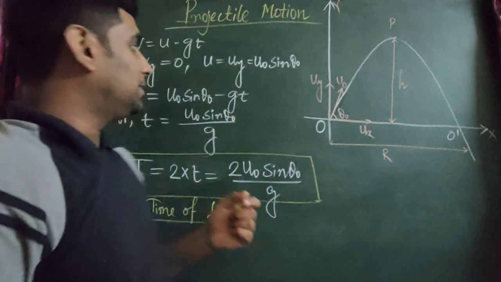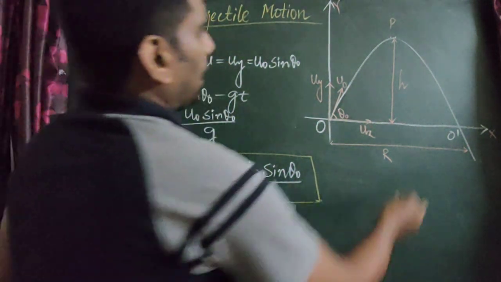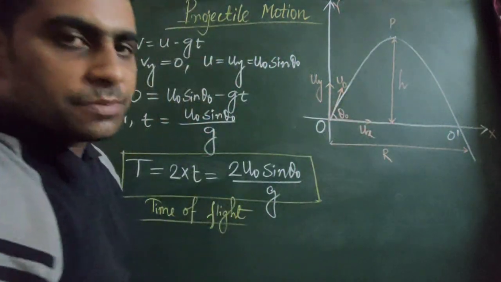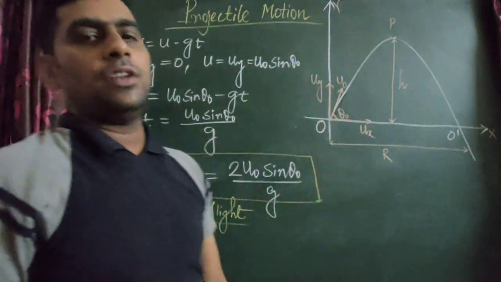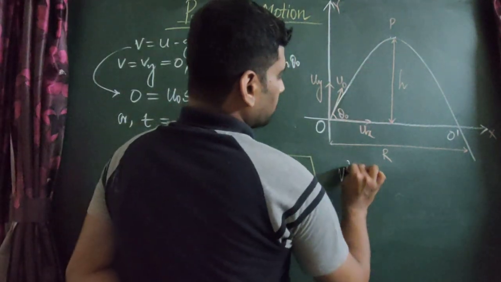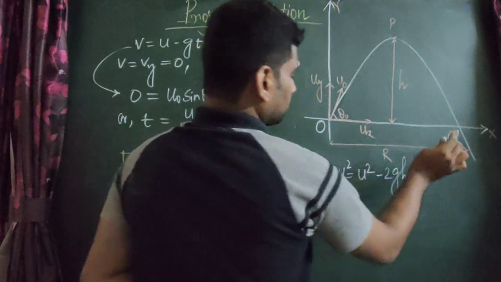The next term related to projectile motion is the maximum height, the vertical height which can be reached by the object starting with initial velocity u0. For this, we will use the equation v square equals u square minus 2gh.